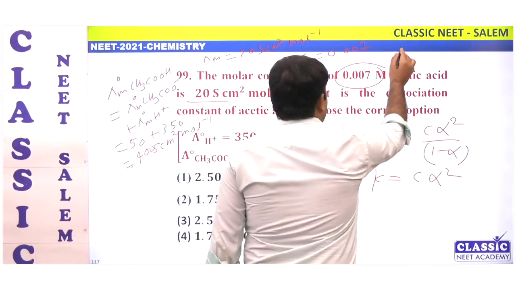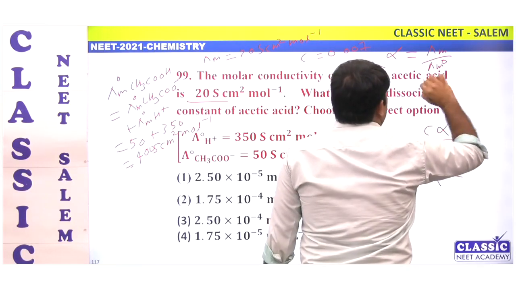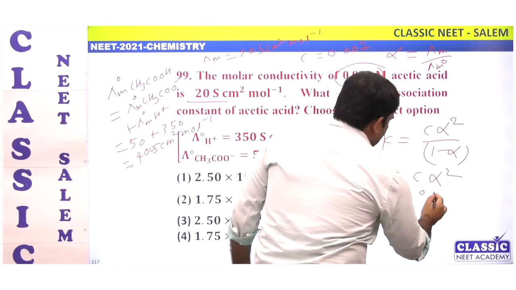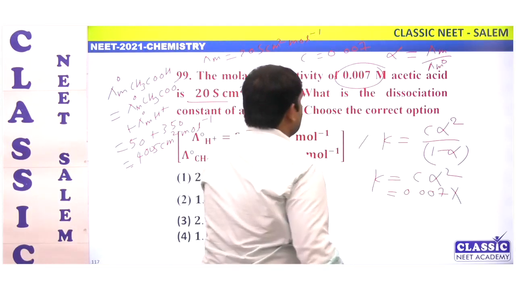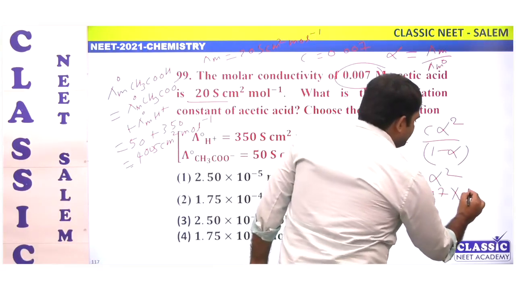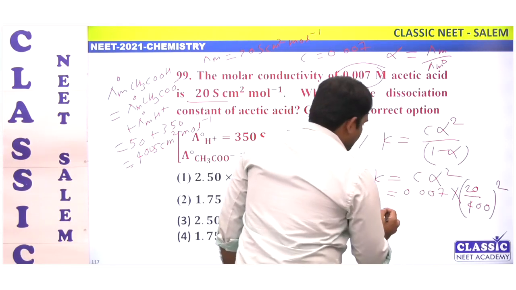So in place of alpha, what are we going to write here? Lambda m upon lambda m naught, all these values. So 0.007, and for alpha, the lambda m value for that acetic acid is given as 20. So 20 by 400, squared.